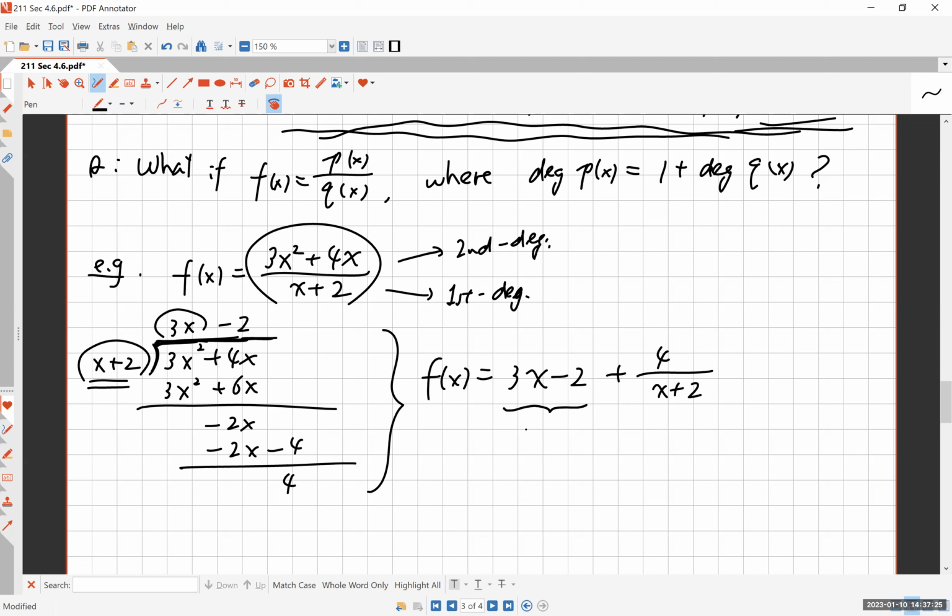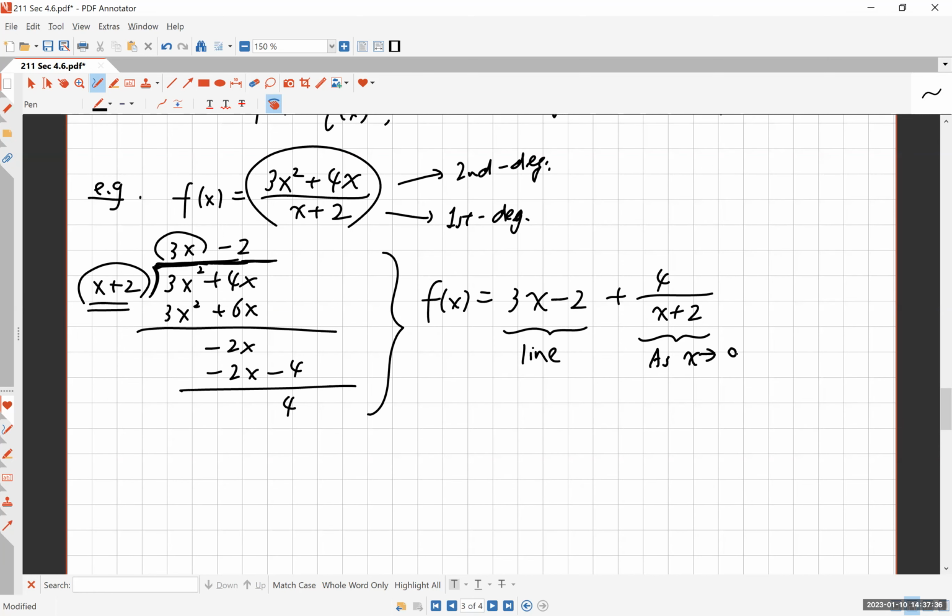All right, so this part is actually a line, right? y is equal to 3x minus 2. This part is a fraction, and as x approaches infinity or negative infinity, 4 over x plus 2, this last part approaches 0.